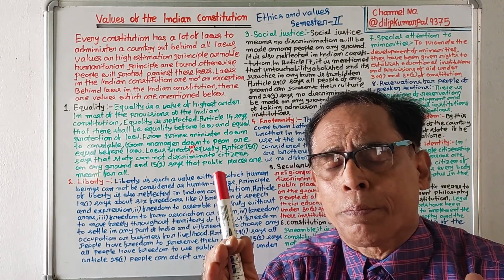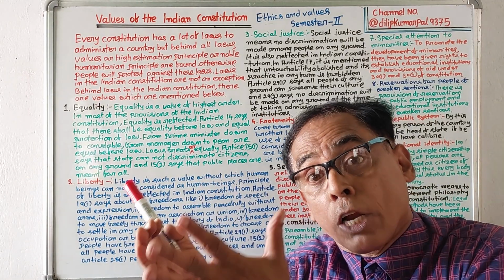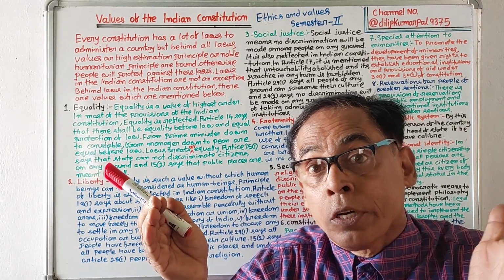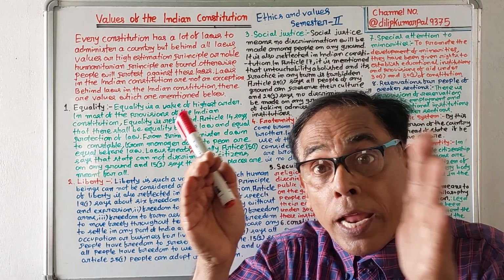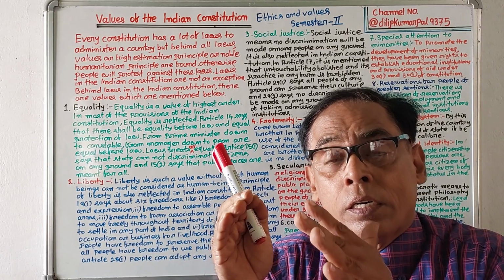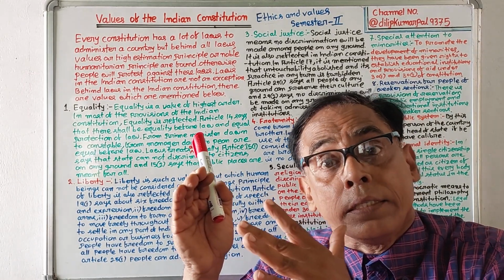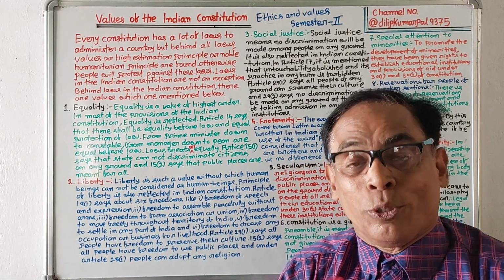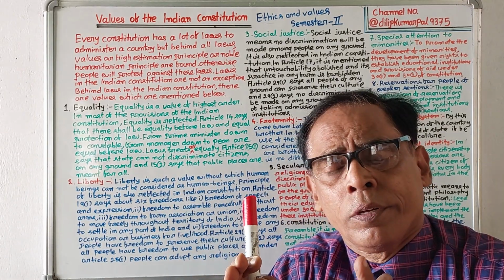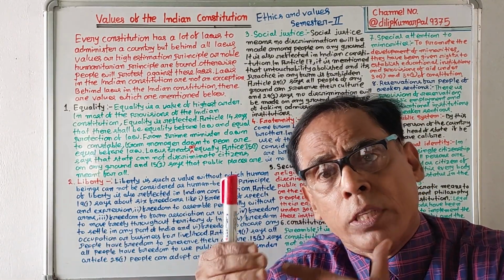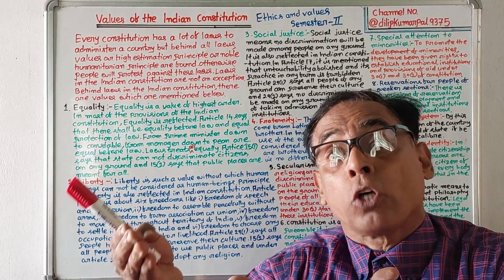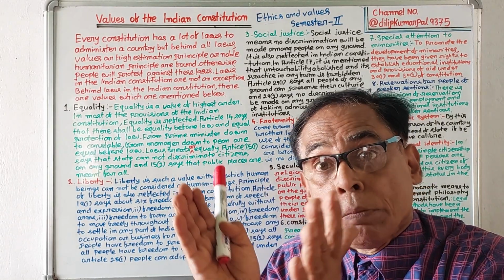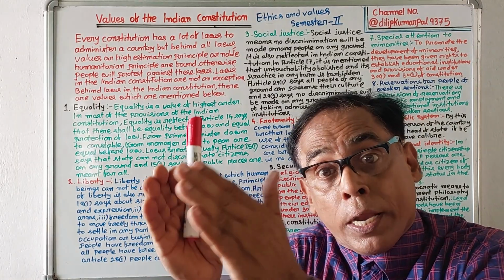In every constitution, no doubt laws are found, but behind these laws, there are some values or noble ideas or principle of high estimation to which no one can resist. So, in every constitution, no doubt there are rules, but behind these rules or laws, there are some values or humanitarian principles.